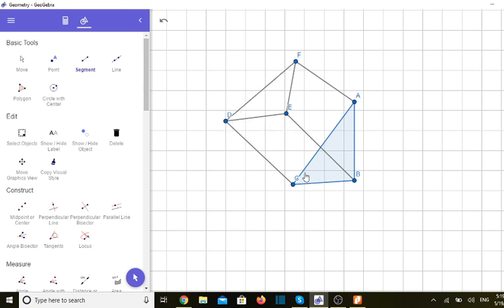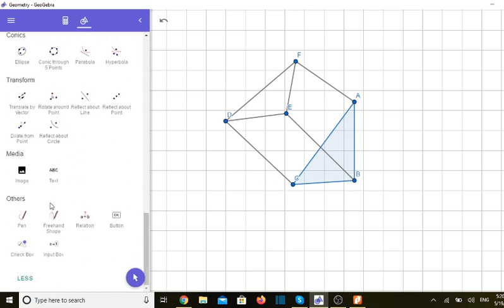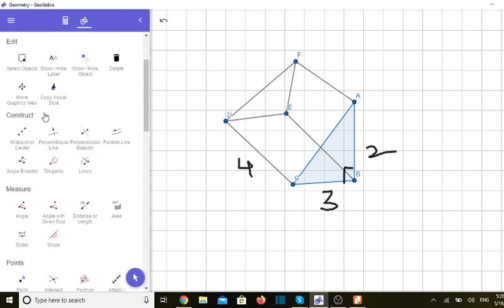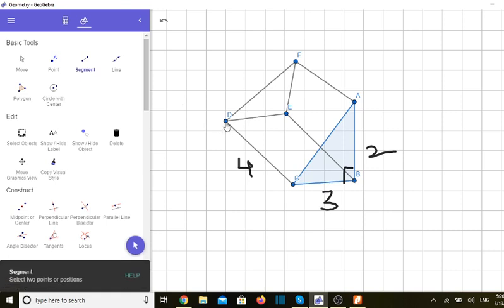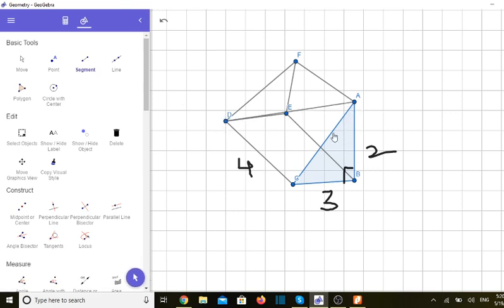So this is the triangle which you have. This one is 3 centimeters, this one is 2 centimeters, this one is 4 centimeters, and you have this D to A length, and you need to find this angle.